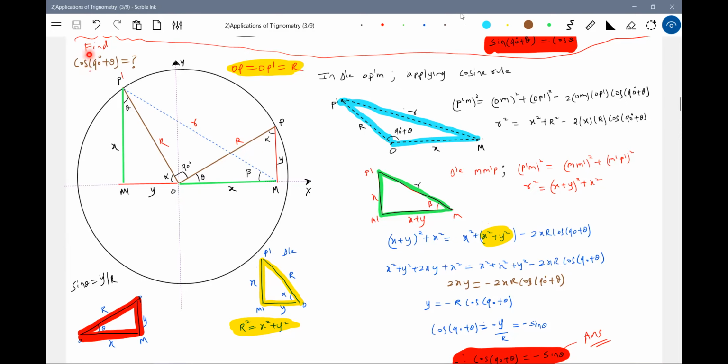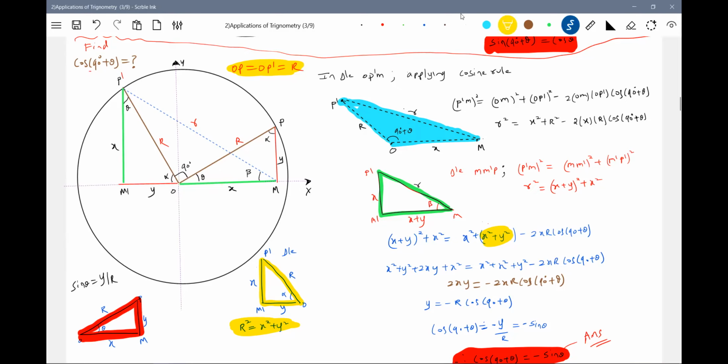Now what is our next question? Find cos of 90 plus theta. What is the value of this? Again, the same triangle, the same diagram we assumed, I just took it. So this was the triangle. The same ideas: OP equals OP dash, and triangles OMP and OM dash P dash are congruent.